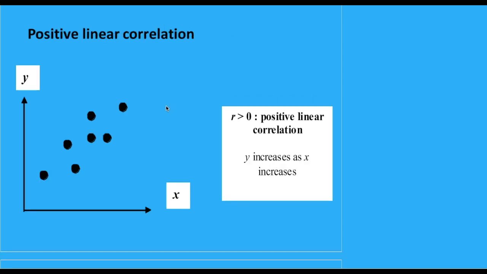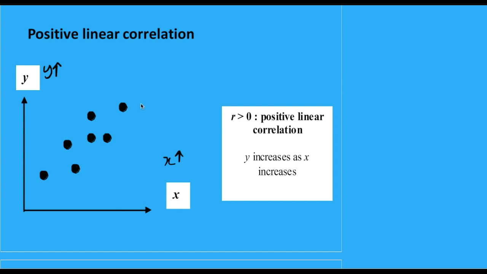And this is what we usually encounter in a scatter diagram. We have some values of x and y which look scattered. However, as the values of x increase, the values of y also increase, and the plots are scattered.